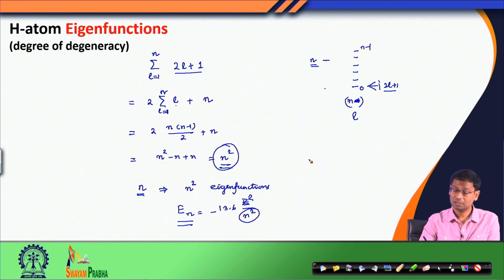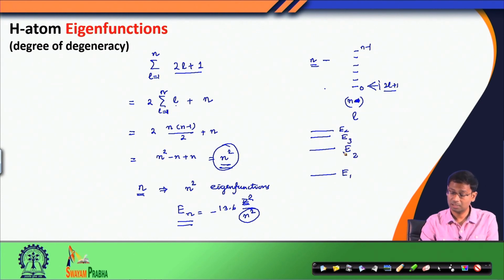So, therefore, the hydrogen atom's energy levels that we drew in an earlier slide, E1, E2, E3, E4 and so on, the level of degeneracy of these energy levels is given by n square.